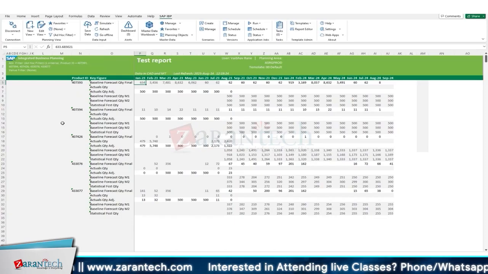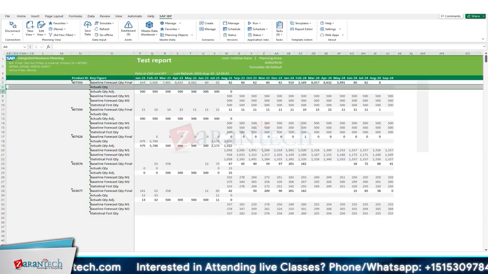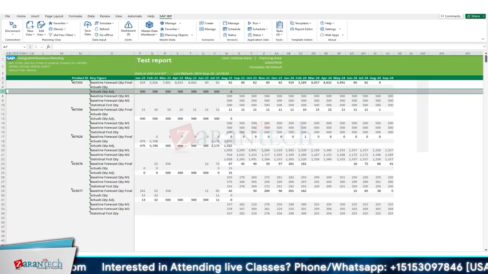Okay. I think the quantity adjusted you have put as 500. Is it correct? So for the first material, your actual sales is all blank. Okay. And if you remember the first tab where you did the outlier correction, there we said that if the sales history is missing, then replace it with 500.